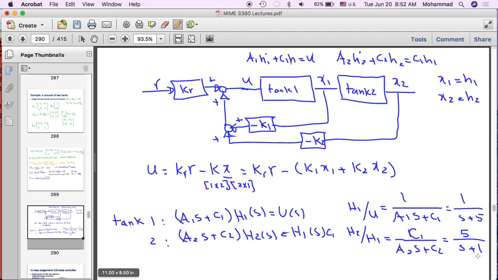Are the K2s constants? Which block do you use for K2 and K1? Oh, these are gains. Yes. All three Ks, KR, K1, and K2, are gains.